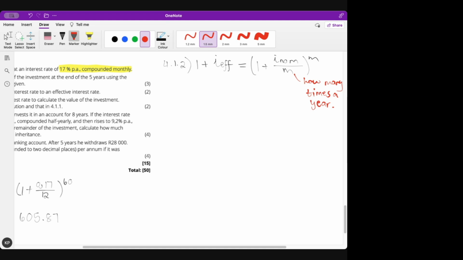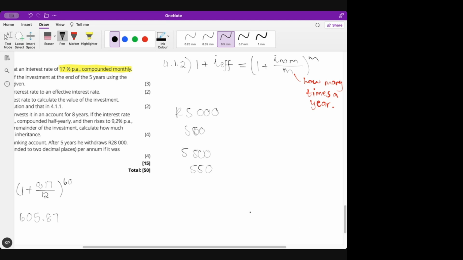Whereas your effective rate accounts for all of the money that is compounding. I'm going to say it in very simple terms. Let's say you invest 5,000 bucks. First year at 10%, you get 500 Rand interest. Now in your account, you no longer have 5,000, you have 5,500, which means in the next year, you're going to earn 550 Rand interest.